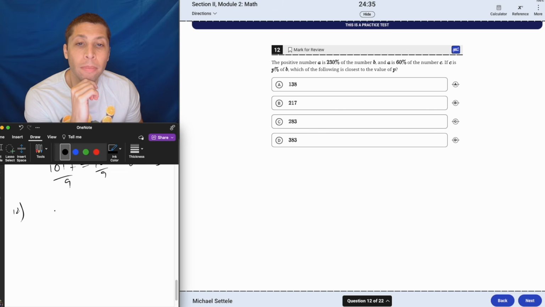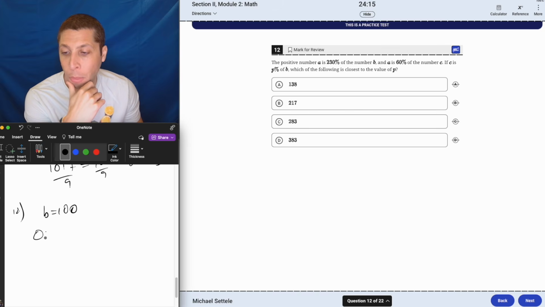You can go so many different ways here. A is 60% of the number C, and if C is P% of B, so B should be 100 if we can do it. B is 100.